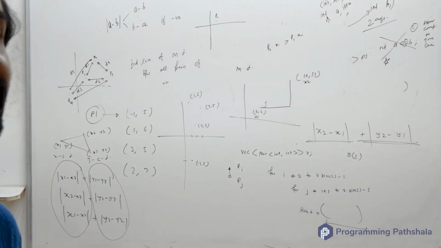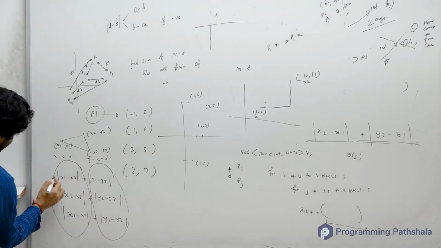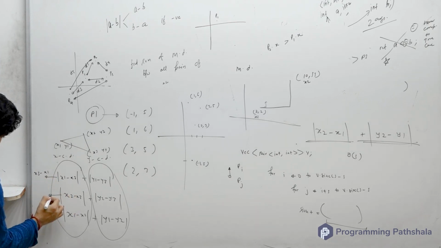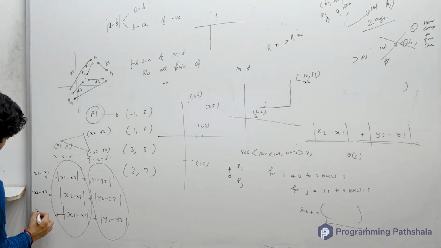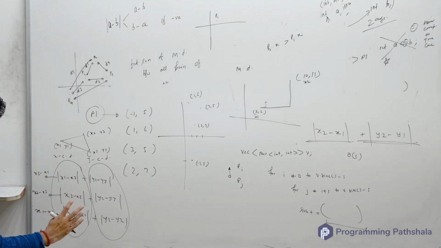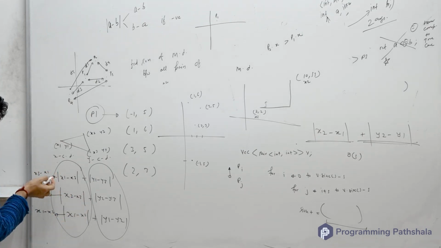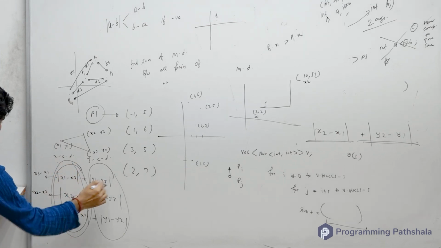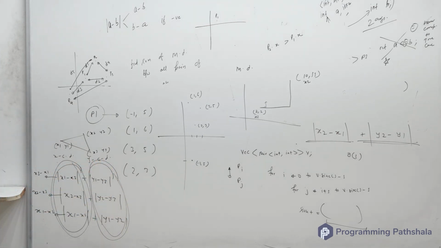Now my point is, can I consider those distances separately from each other? What I mean is, here it could have opened like x3 minus x1, it could have opened like x2 minus x3, and it could have opened like x1 minus x2. But irrespective of however these modulus are opening, are they having any impact on the result?